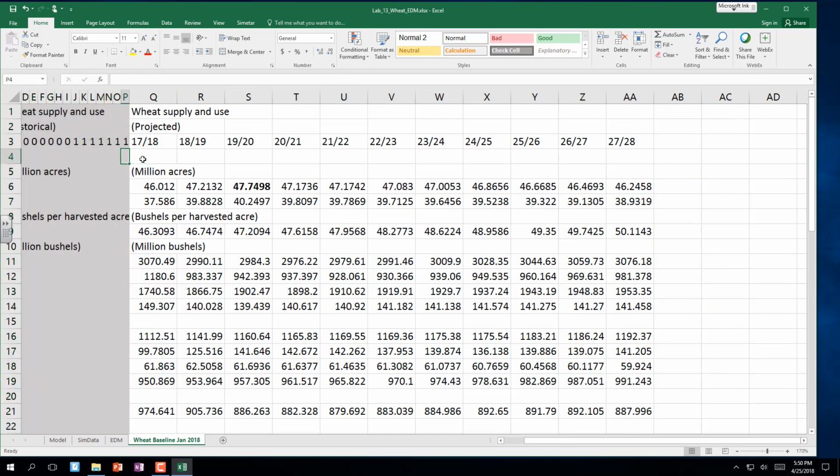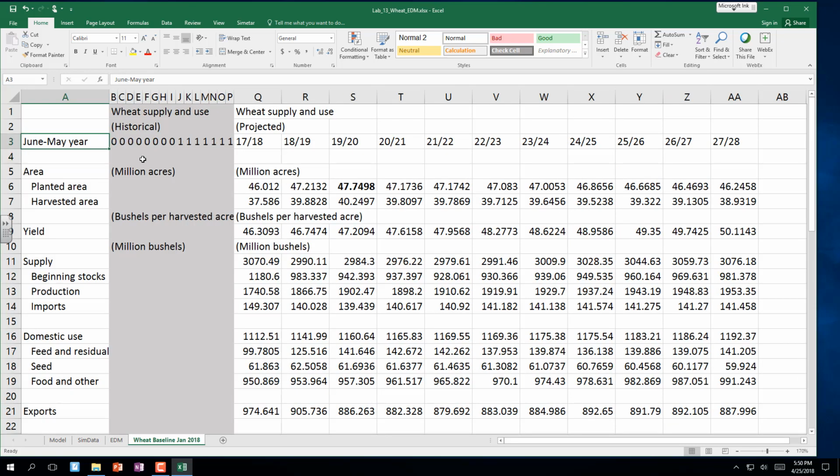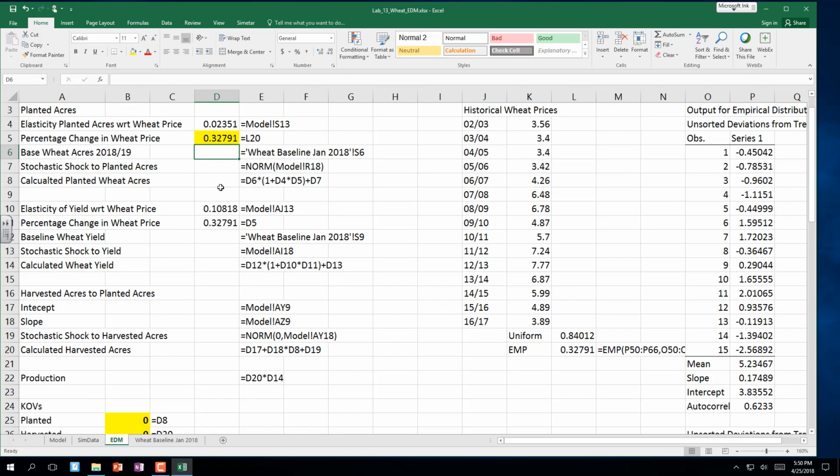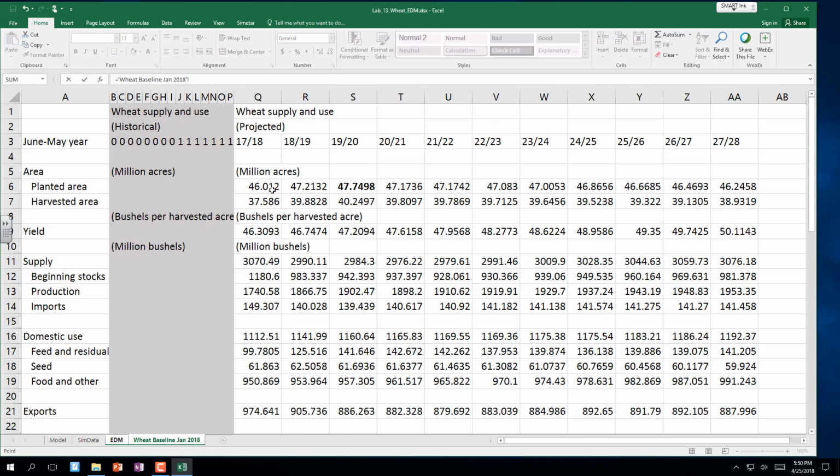Now, planted acres for your 2018-19 marketing year is 47.21. So we go back to EDM. My base acres equal, go to the baseline, and click on that, 46.012.